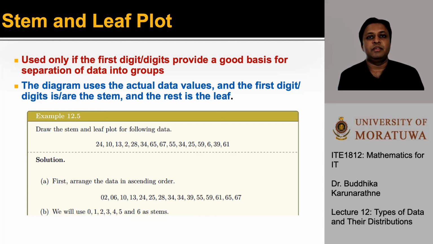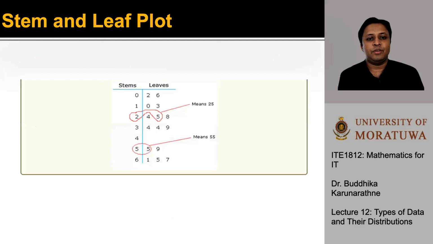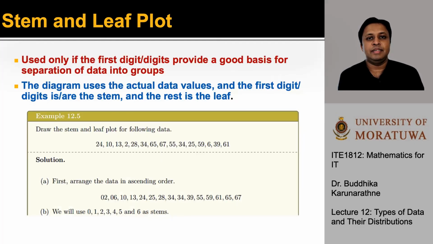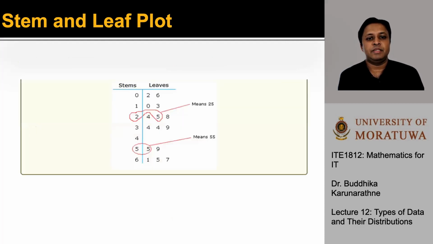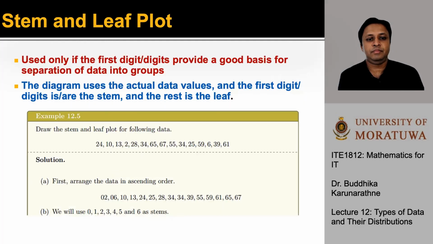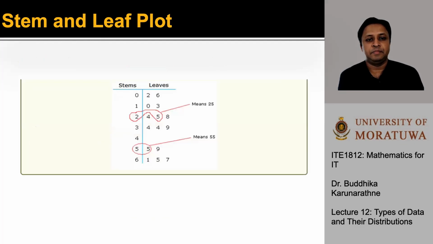So how do you form the leaves? For 0, take the initial two values, 02 and 06. So when the stem is 0, the leaves are 2 and 6. When the stem is 1, the leaves would be 0 and 3.